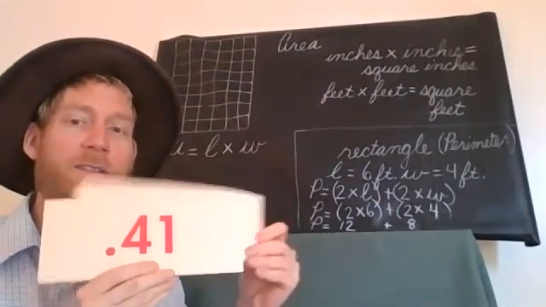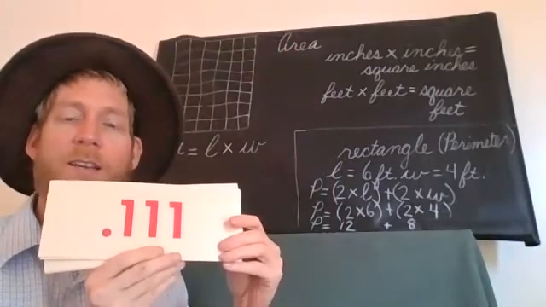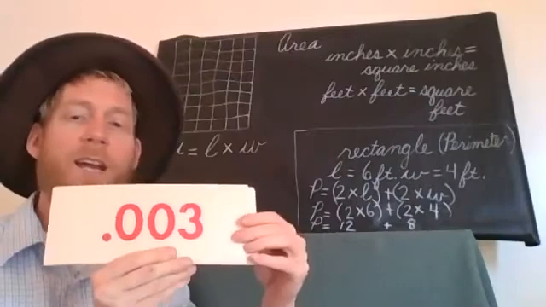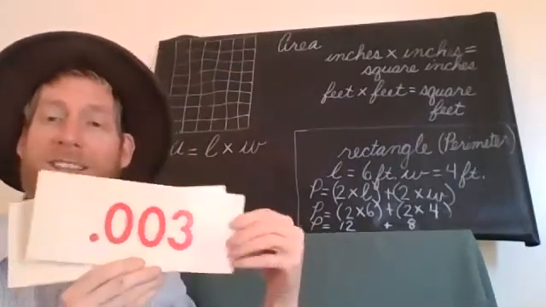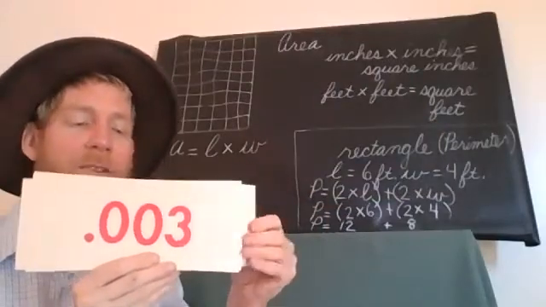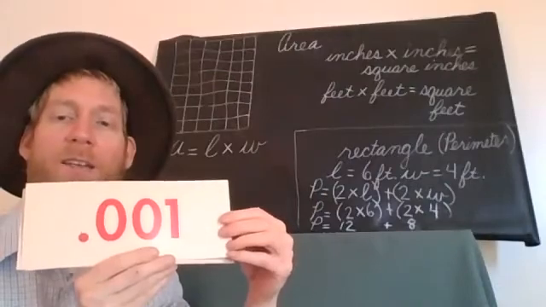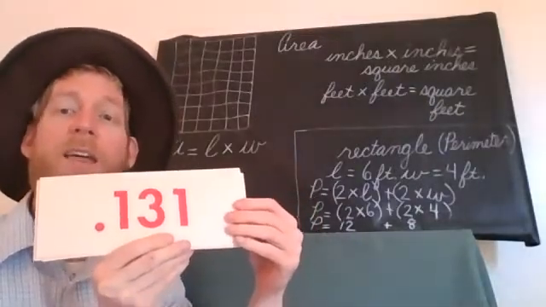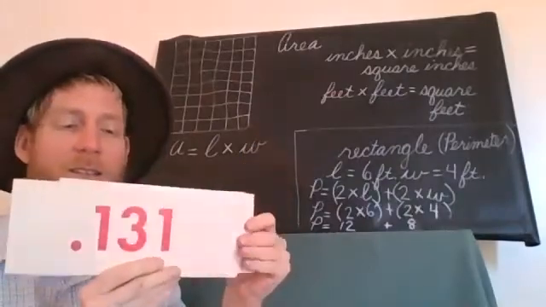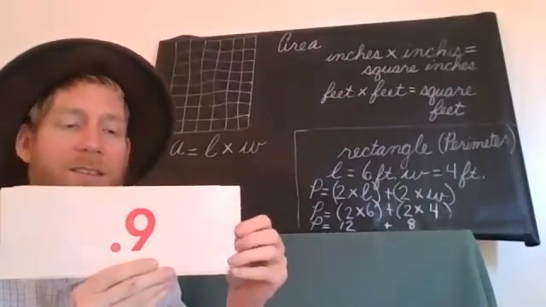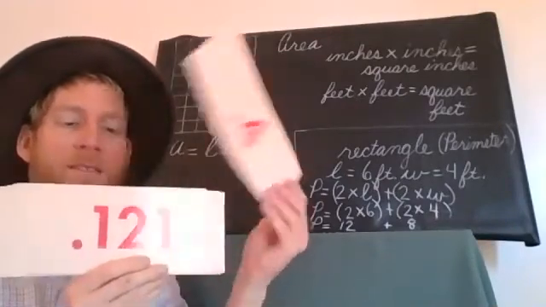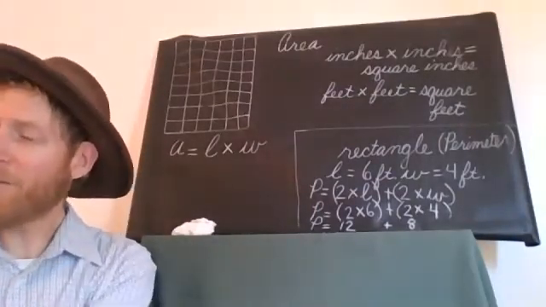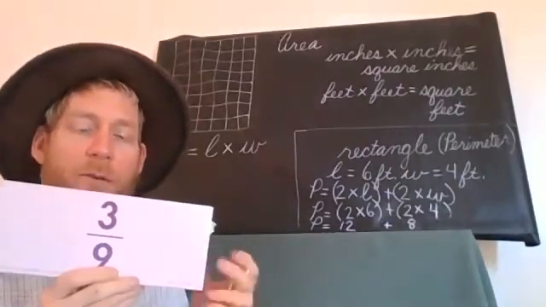Did you say 41 hundredths? 111 thousandths? 21 thousandths? 3 thousandths. 1 thousandth, and you'd write it just like that. 131 thousandths. 9 tenths. 121 thousandths. 4 tenths. You getting those? You remember those?